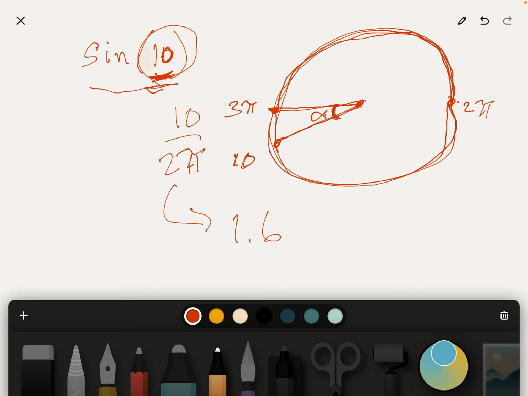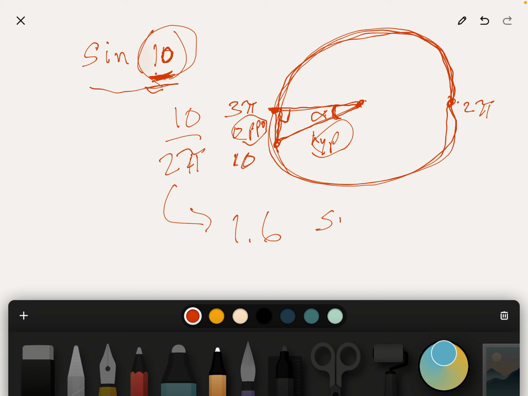But now we're back to trigonometry, because now you can draw a triangle. In fact, you can draw a right triangle. It looks like this, and this is your hypotenuse, and this is the opposite side. So now we're back in terms of trigonometric functions.